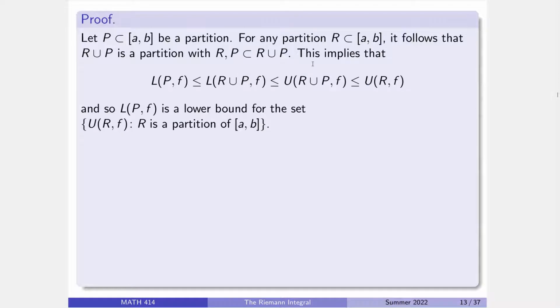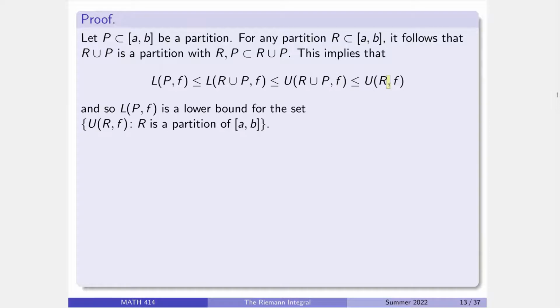So by the previous proposition, the lower Darboux sum with respect to P is less than or equal to the lower Darboux sum with respect to R union P. A lower Darboux sum is always less than or equal to an upper Darboux sum on the same partition. And now under a refinement, the upper Darboux sum can only get smaller.